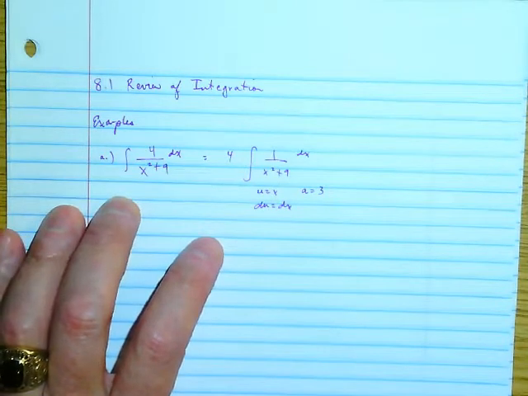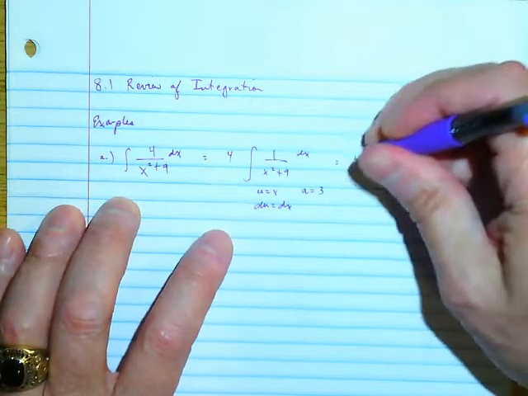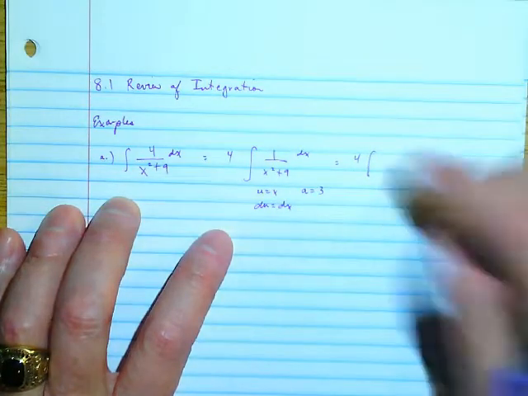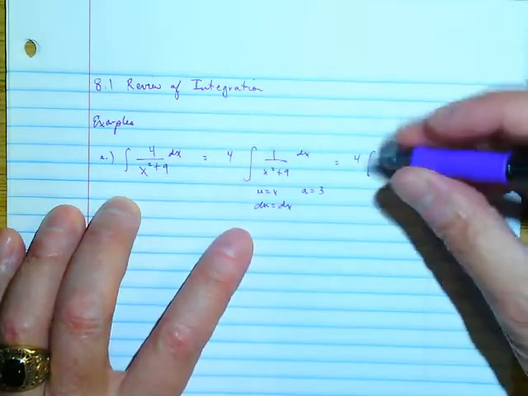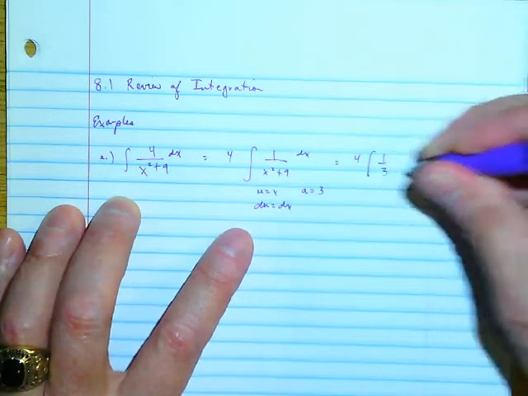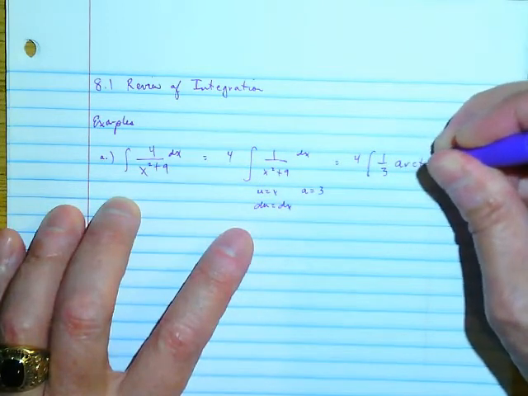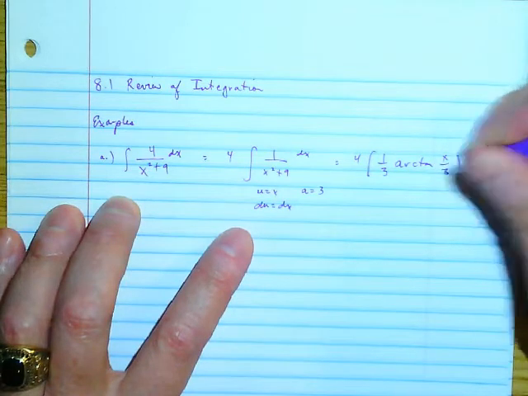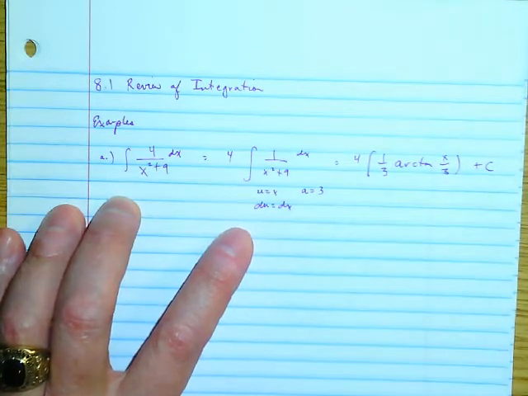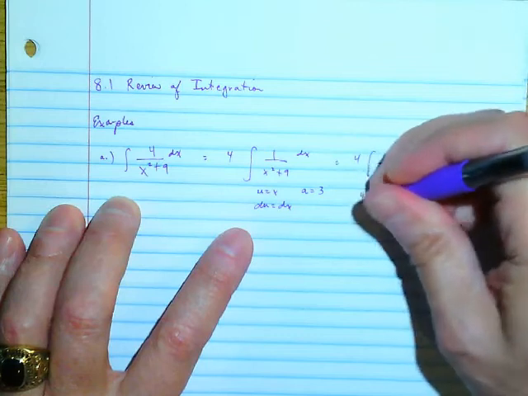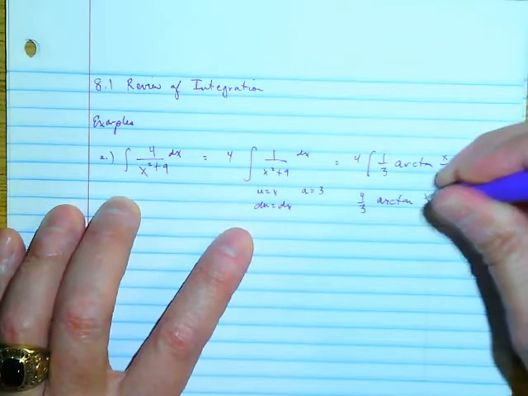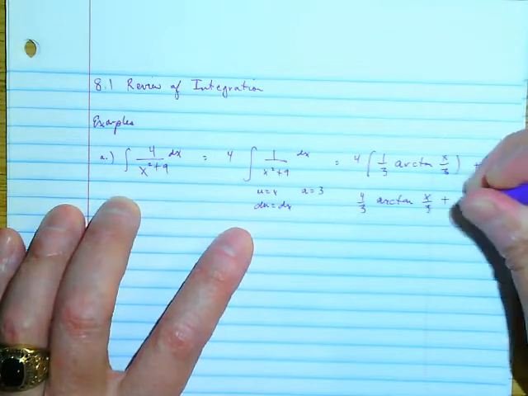The antiderivative is going to be 1 over a, 1/3, arc tan of u over a, x over 3, plus c. So we'd end up with 4/3 arc tan, or inverse tan, of x over 3, plus c.